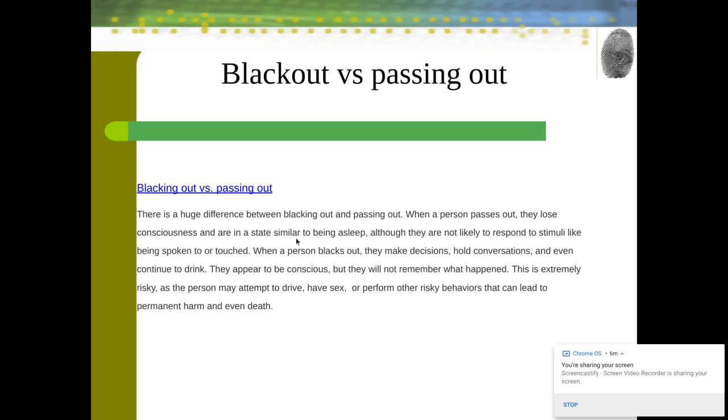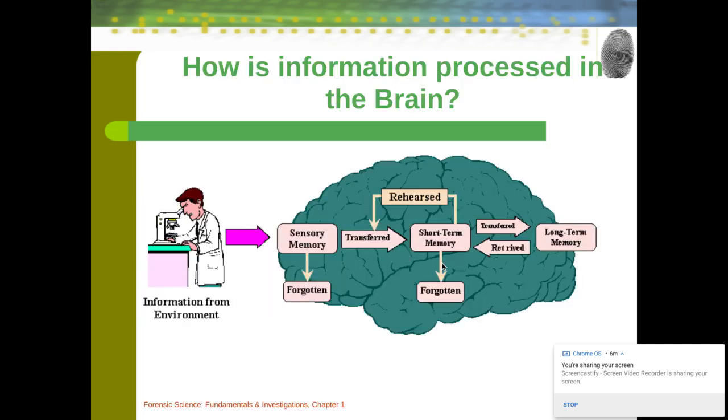When people pass out, they've had so much alcohol their body is just shut down. They appear to be asleep. They're not going to respond when you touch them, shake them, or try to talk to them. A blackout, though, is when this process is interrupted. You're not making new memories, but you might still be fully functioning.